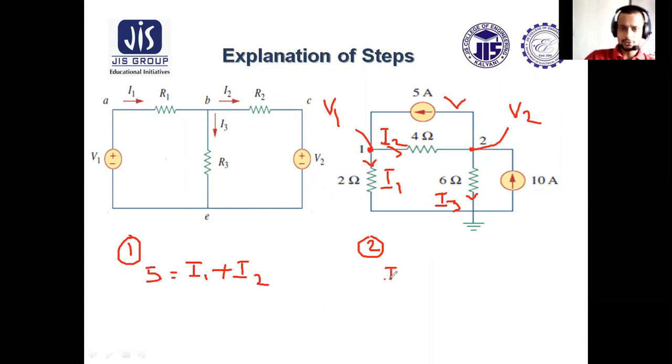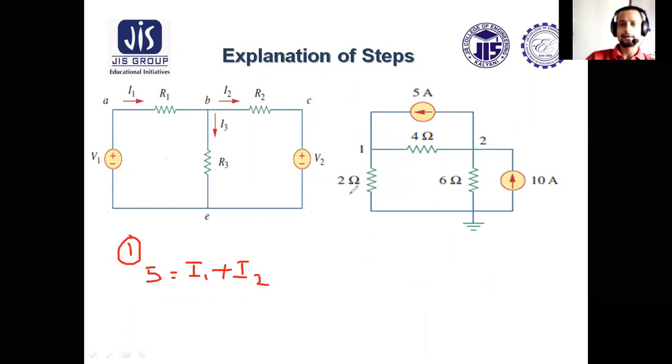So I2 plus 10 equals, at node 2, I3 and 5 are leaving. So you have two KCL equations. Now I1, I2, I3 can be represented in terms of V1 and V2. So from two equations, we can solve two unknowns, V1 and V2. Okay, that is how we can solve it.